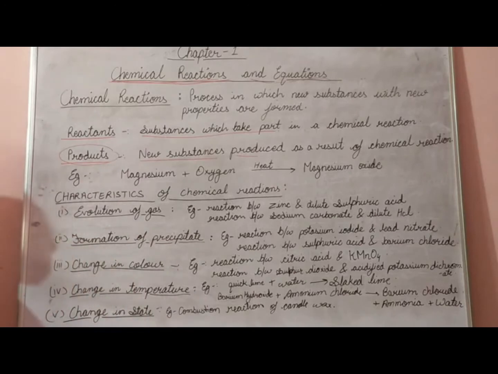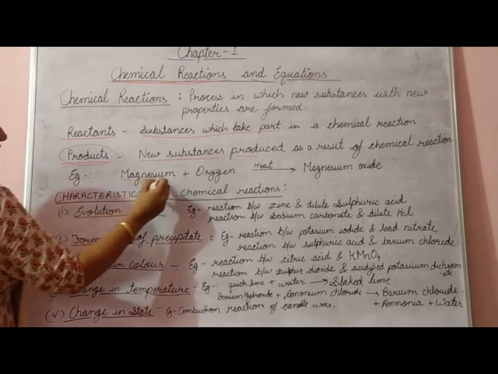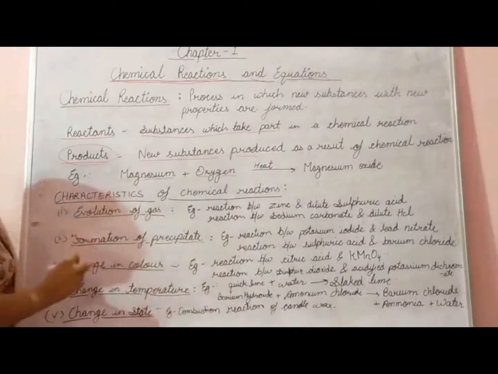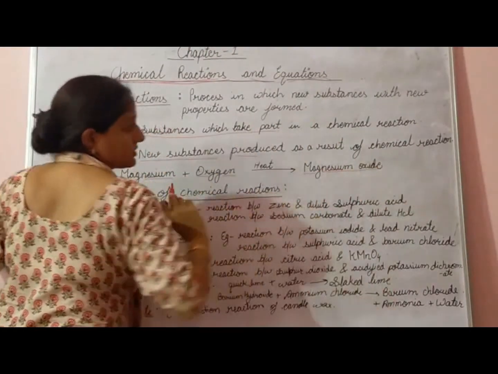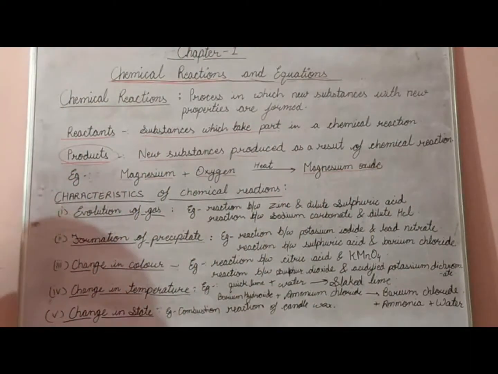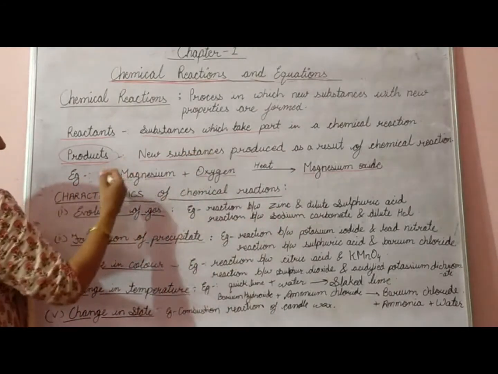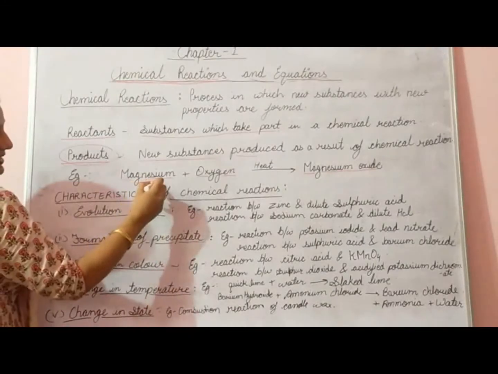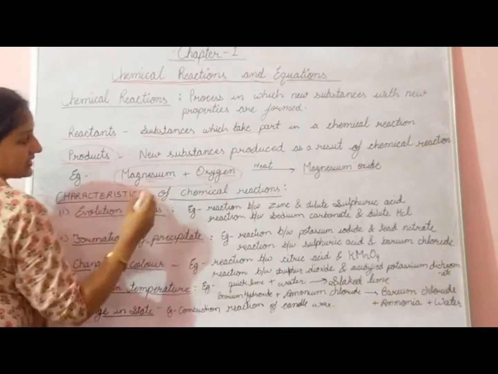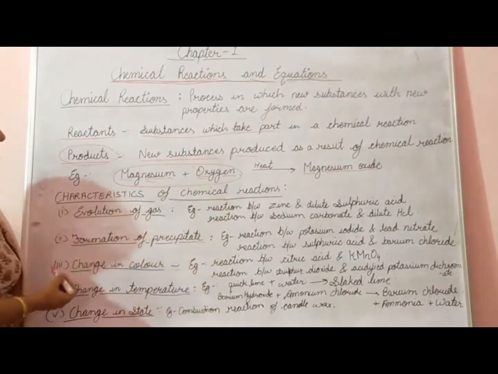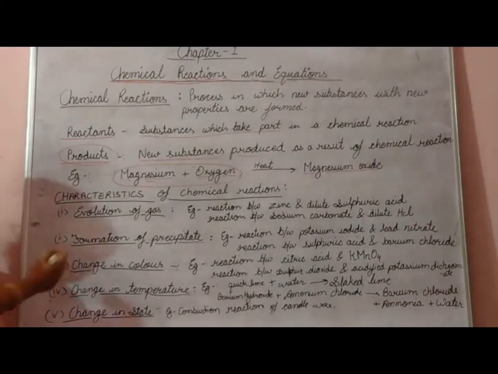Suppose we have a magnesium ribbon. When we heat a magnesium ribbon, it reacts with oxygen from air and produces magnesium oxide. This magnesium oxide is a white colored powder. In this reaction, magnesium and oxygen both are reactants because they both participate in the chemical reaction.